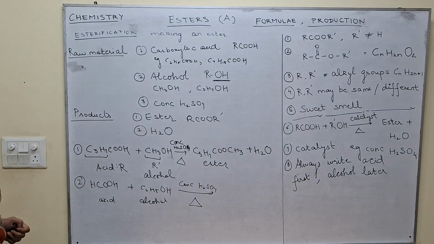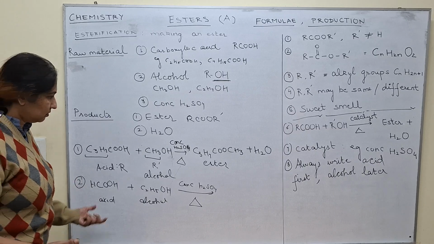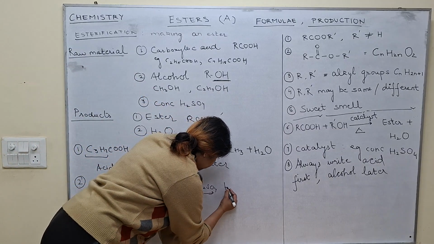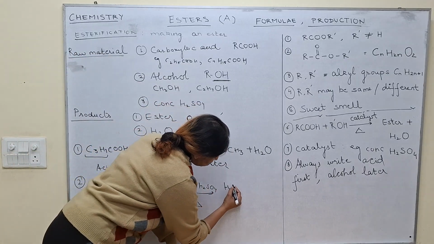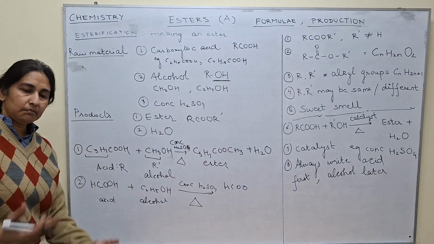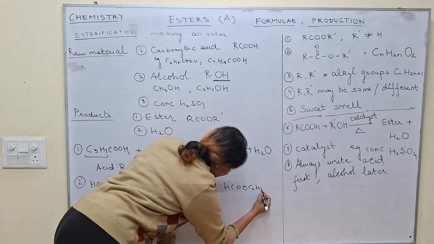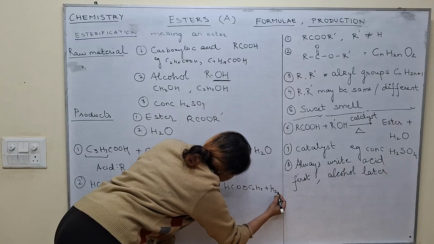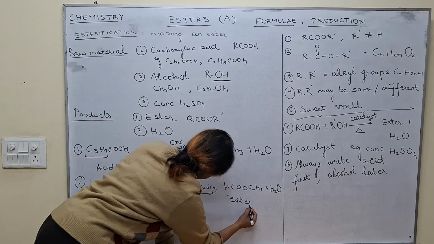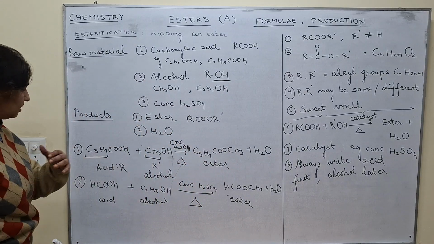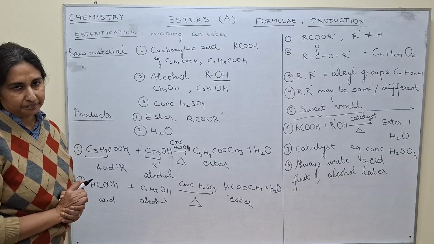Now how will I write the ester? Now we know, take this part of the acid. Okay, we took this part, which had only H, no problem. Then what do we put in the middle? CO. Put CO. What do we put after? The alcohol part. Put the alcohol part. And the poor water. So this thing is the ester, this is the acid, this is the alcohol, and you're getting the sweet smelling ester.